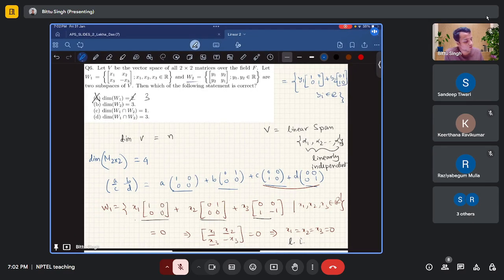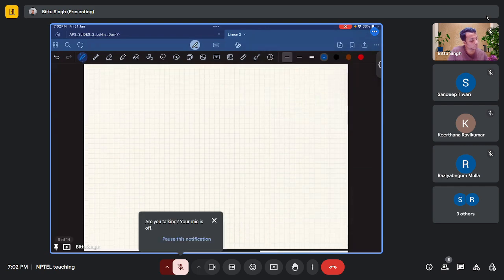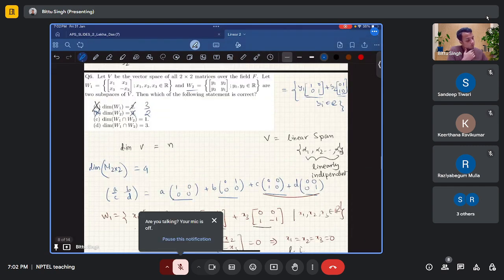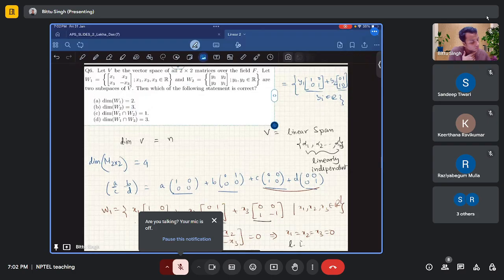Therefore, again, the dimension of W2 cannot be 3 because there are only two linearly independent matrices in this spanning set. So the dimension of W2 is 3 is false. Now, what is the dimension of the intersection? So let me write, copy this thing.